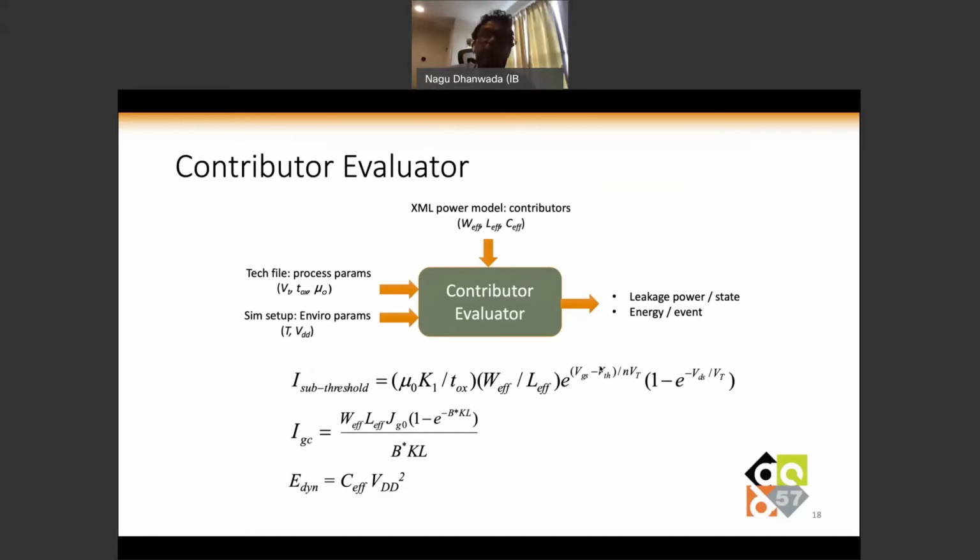So here you see, the inputs are the contributors, and there are also process parameters as well as environmental conditions, which are input to the contributor evaluator, and the outputs you see are energy per event and leakage power per state.